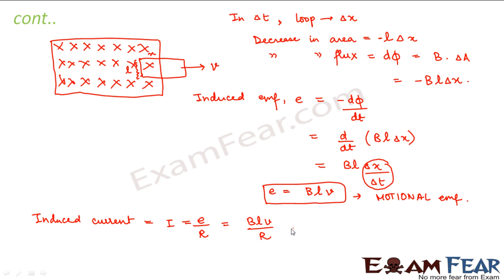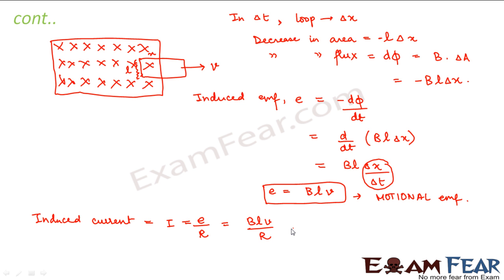Now I will talk about a few more cases of motional EMF, because many times you come across problems which confuse people. Many students get confused with different types of problems related to motional EMF. That is why I will discuss a few more scenarios. This scenario is clear, right? It is about a loop which is moving as a whole.